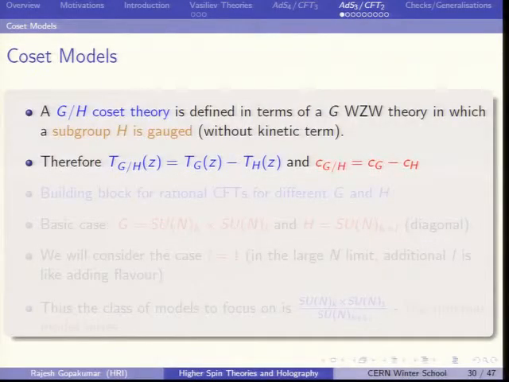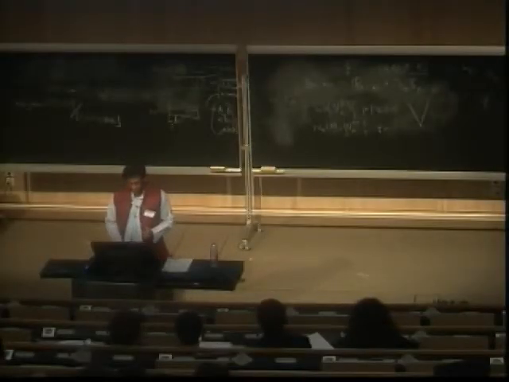The Wess-Zumino-Witten theory is a conformal field theory, but if you gauge the subgroup H without introducing any kinetic term, you do not break the conformal invariance, and you are led to another conformal field theory whose stress tensor, it's not difficult to see, is actually just the difference between the two stress tensors, and therefore the central charge is just the difference between the two Wess-Zumino-Witten central charges. So these are the usual Sugawara stress tensors of the Wess-Zumino-Witten theory.